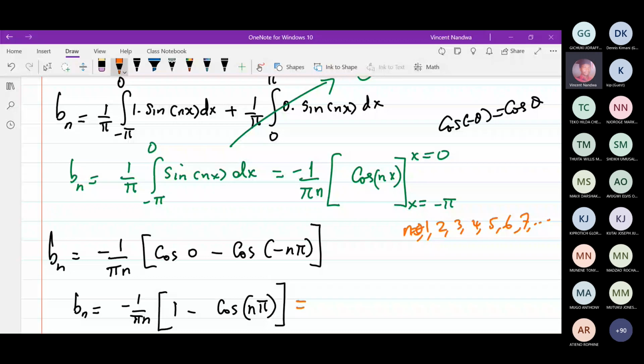So remember this -1 power n, which is the same as the value of cosine of n pi, has 2 answers: 1 when n is even, -1 when n is odd. So generally the final answer you write in this form.